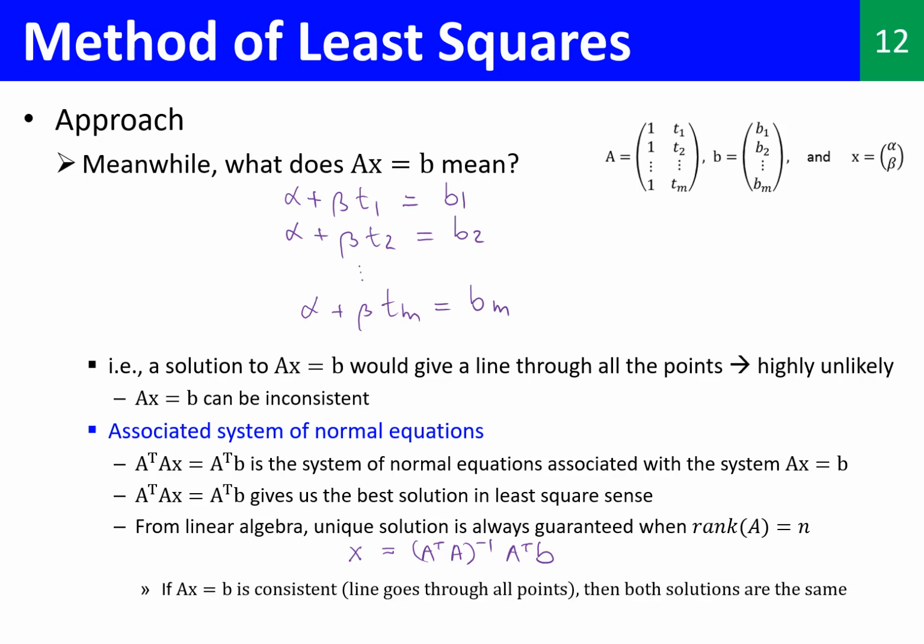So in the very rare case, if Ax equals B is consistent, so that is when the line goes through all the points, then both these solutions will be the same.